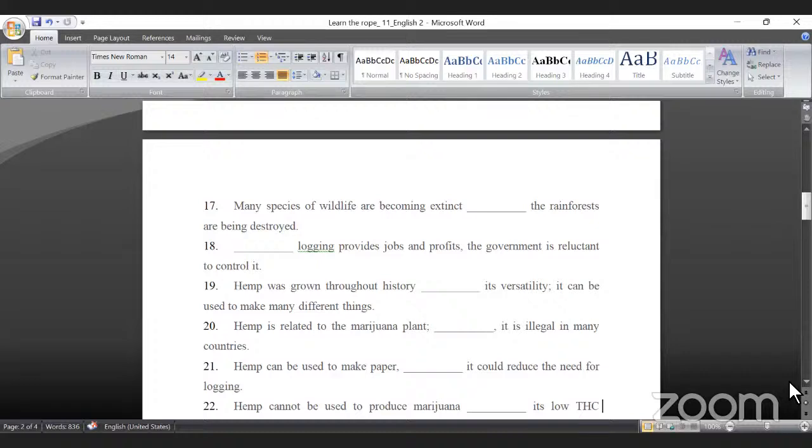Or I'm thinking if you can use hence. Hemp can be used to make paper. You can use because, or since, or even therefore, hence, etc. All of them, any of them can be used. Because also can be used.